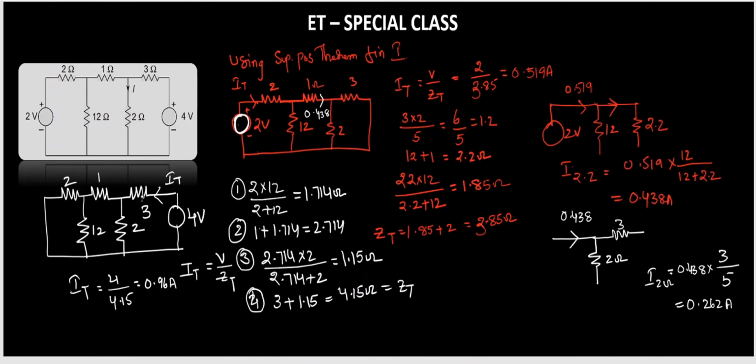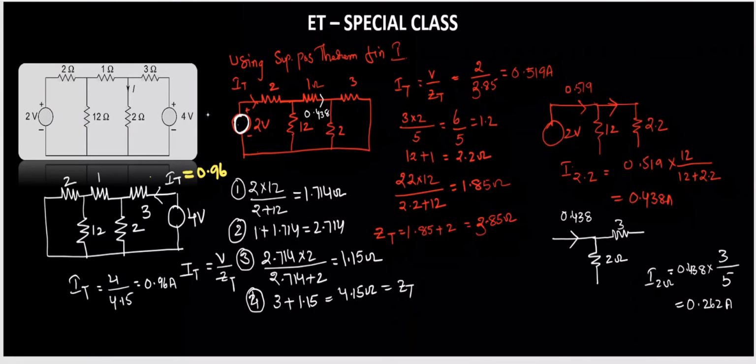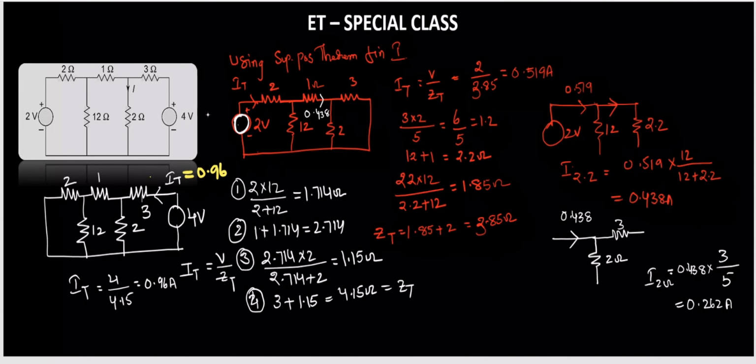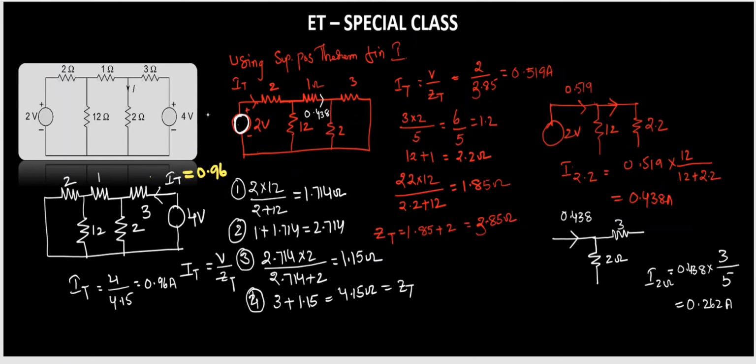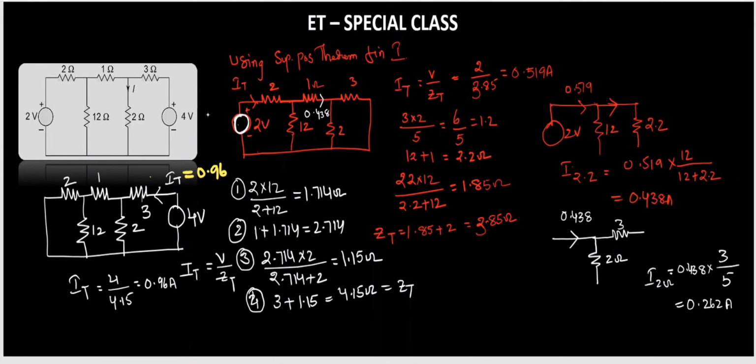So from here, 0.96 amperes is coming. Now, what is the voltage up to this? 2 and 12 are parallel, that is 1.714.